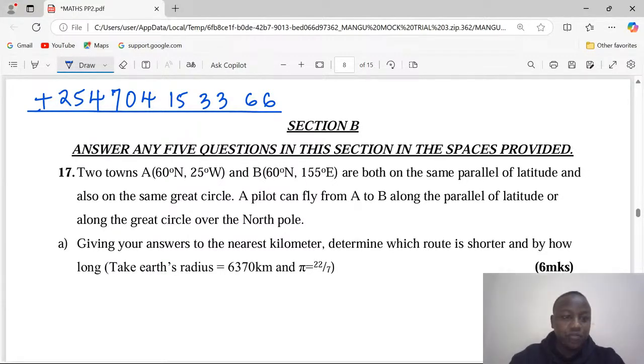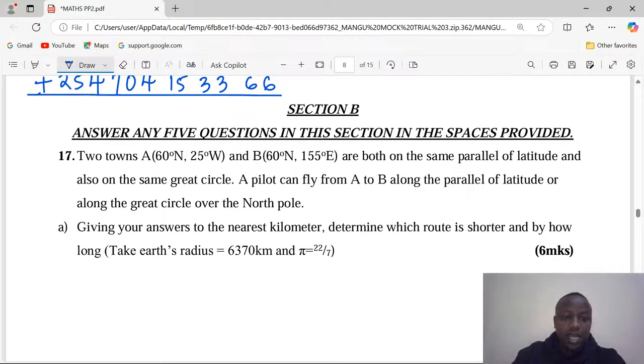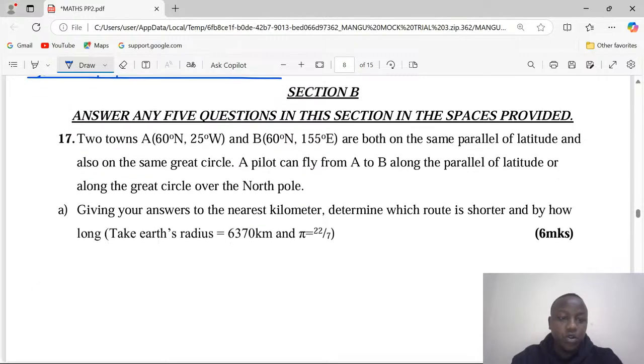Number 17. Two towns, A (60 degrees north, 25 degrees west) and B (60 degrees north, 155 degrees east), are both on the same parallel of latitude and also on the same great circle.